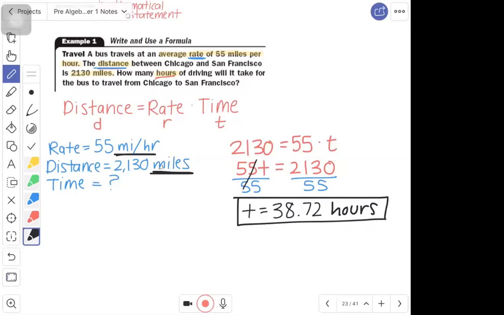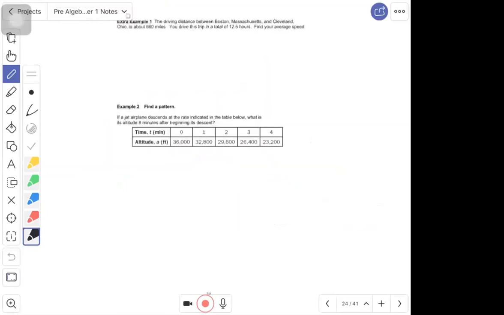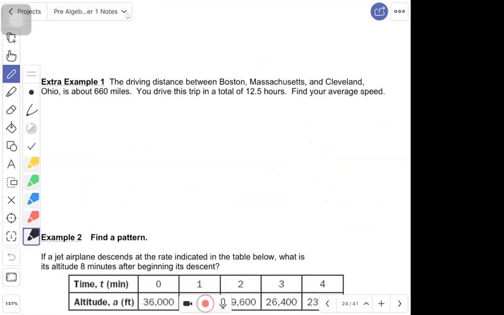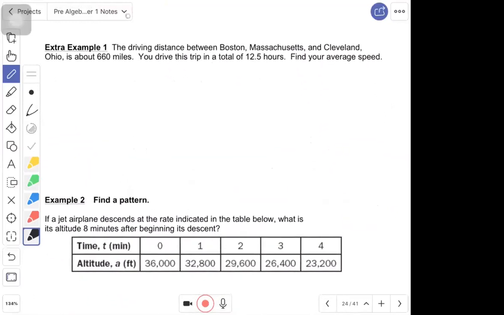All right, so we're going to move on to the next example. So this one says, the driving distance between Boston, Massachusetts, and Cleveland, Ohio is about 660 miles. You drive this trip in a total of 12.5 hours.